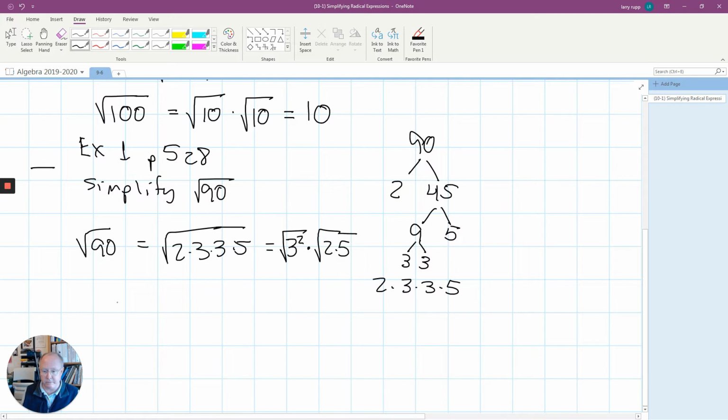Okay? So what that equals is the square root of 3 squared is 3 times the square root of 10. And voila. That's the answer to example 1.